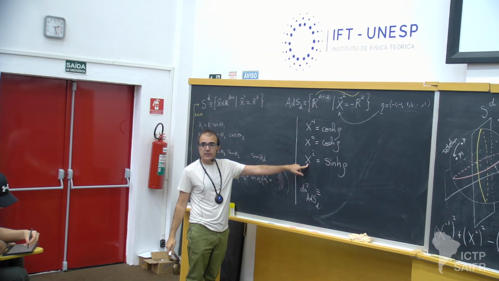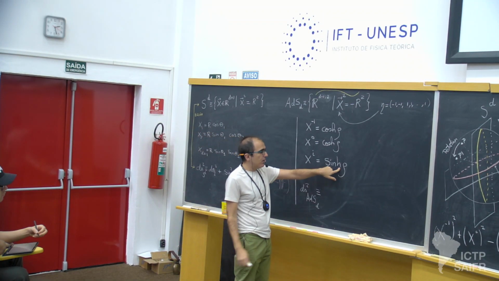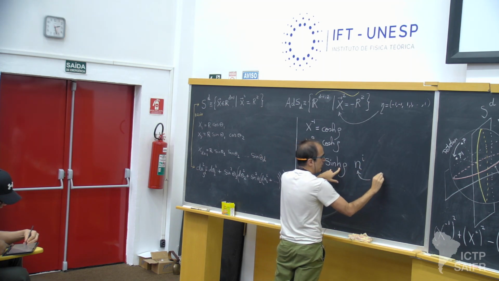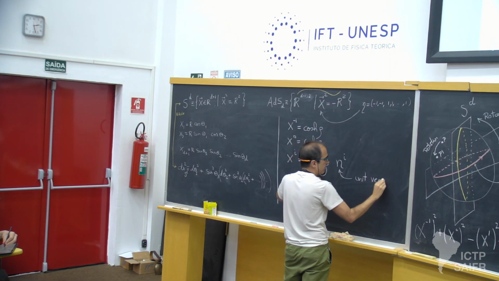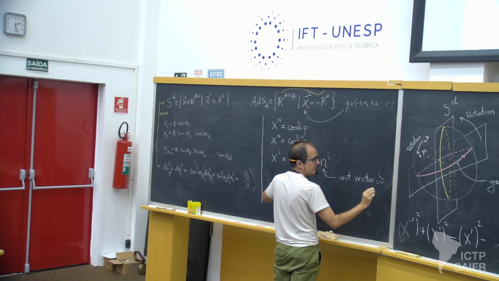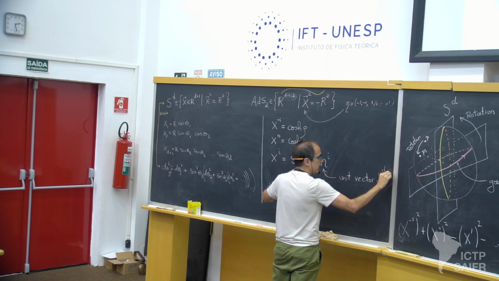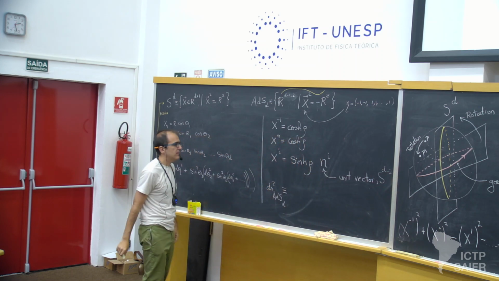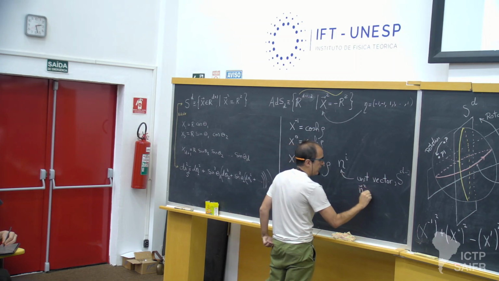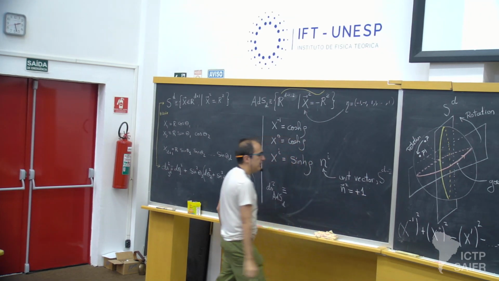Let me just say that x_i is hyperbolic sinh times a unit vector in the sphere. So this is a unit vector. So basically it describes a sphere with d minus 2 dimensions. So this vector satisfies n squared equal to +1.